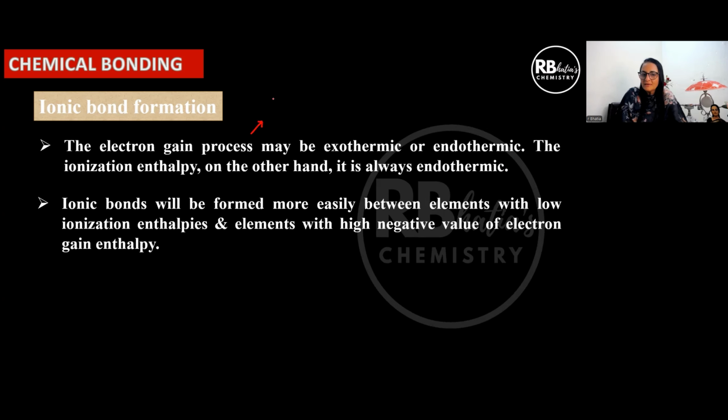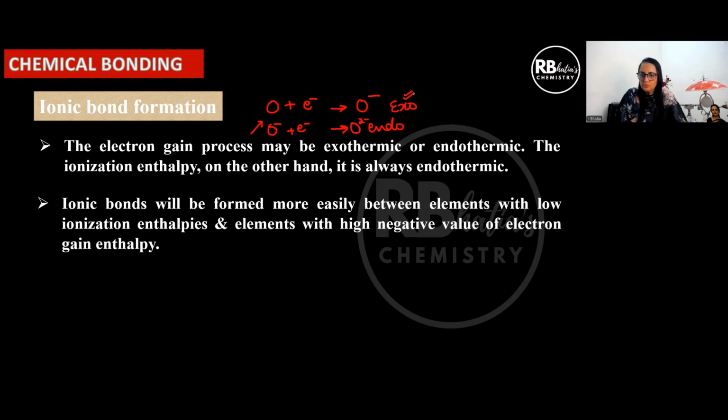I'll give you an example to help you recall what you've done in your periodic chapter. The first electron added into a neutral isolated atom is exothermic. But when another electron is added, it becomes endothermic.